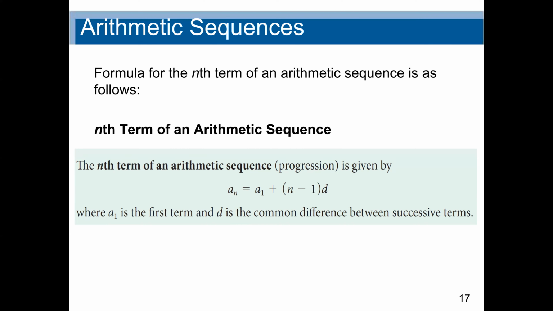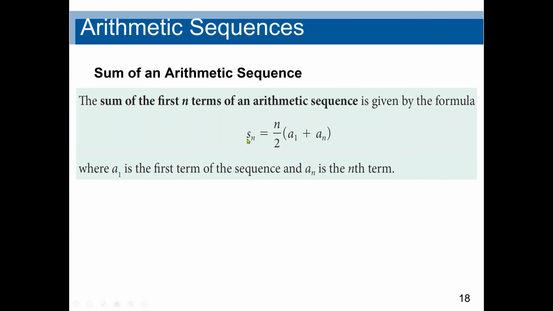Say A2 means the second item, A100 means the 100th item. First we know the first item. If it's 100, then we have 99 items that we have to add D to. Since we don't have the value, we just multiply 99 by D, the constant value. Then we add it to the original first value.